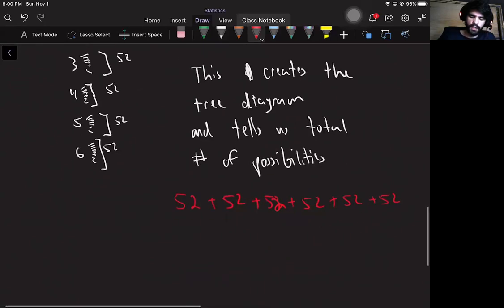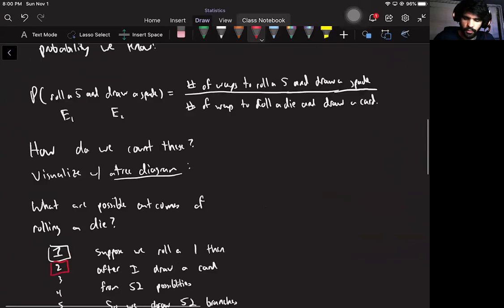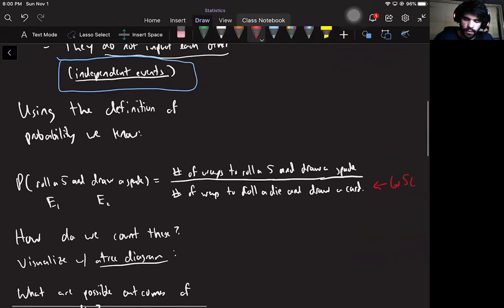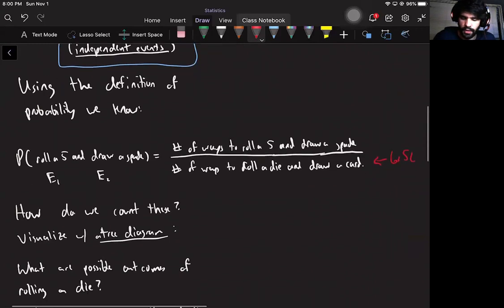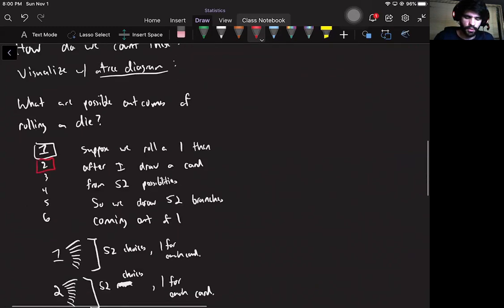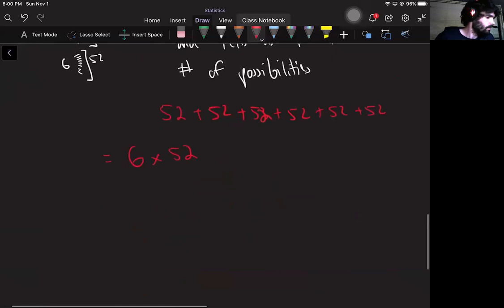But a faster way of saying that is just 6 times 52. And so this is the bottom number in our little probability calculation here. Okay, so that's the total number of ways to roll a die and draw a card. Really, it's because there's 6 ways to roll a die, and then for each one of those, you could do 52 different cards. So you end up multiplying 6 times 52.